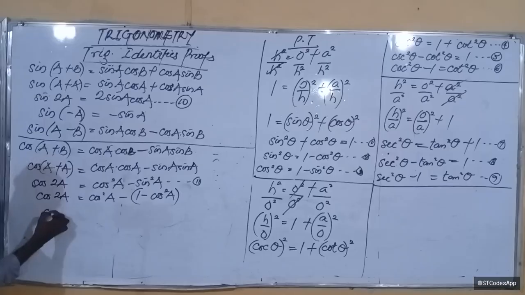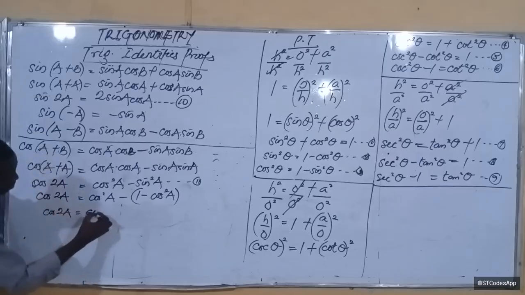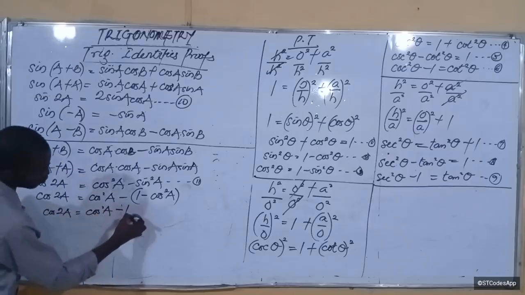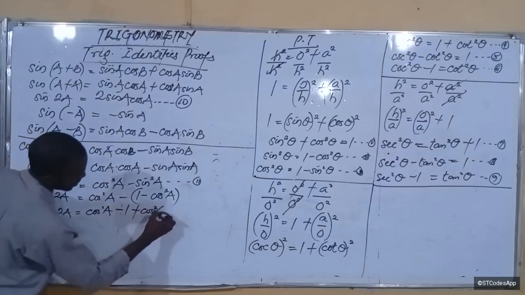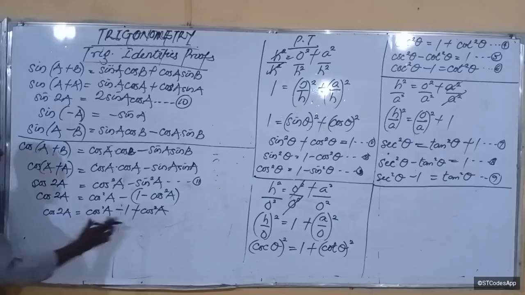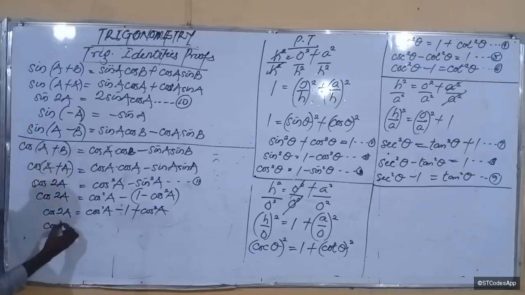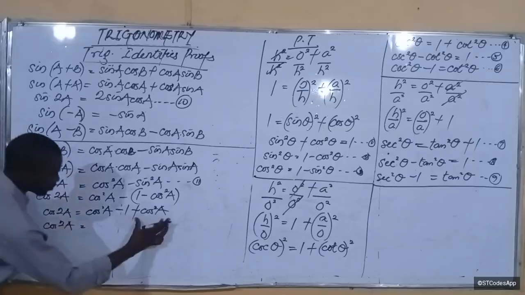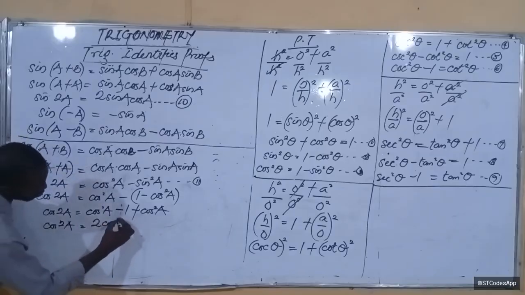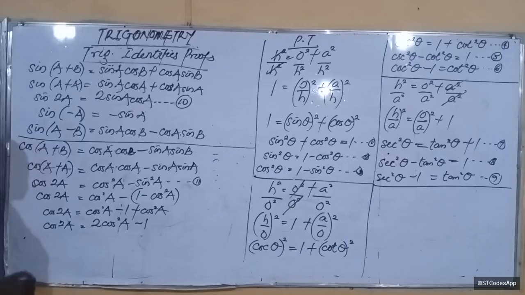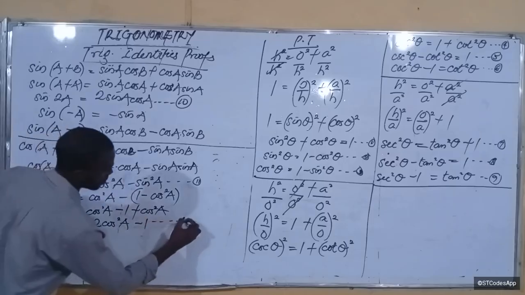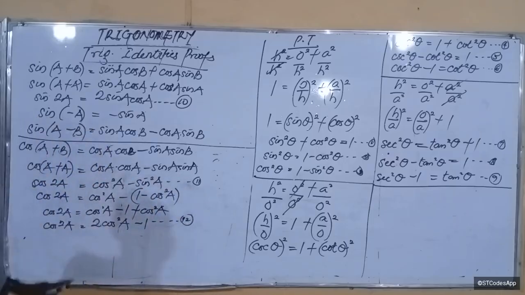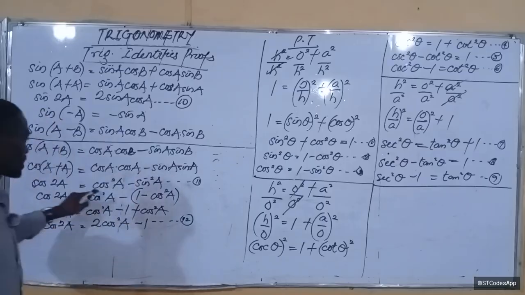So cos 2A becomes cos squared A minus 1 plus cos squared A. Cos squared A plus cos squared A gives us 2 cos squared A minus 1. So this is another identity. So cos 2A can either be written like this or like this.